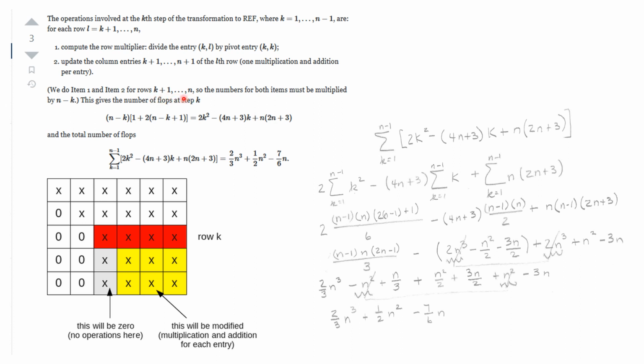Okay, so you see we do items 1 and 2 for all the rows k plus 1 through n. Now if you count how many things are here, k plus 1 up to n, that really is n minus k. So we're multiplying by n minus k. The first step is you had to do this division, so that is the 1. And then there are 2 steps here that you have to do. So it's 2 times, and this is n minus k plus 1.